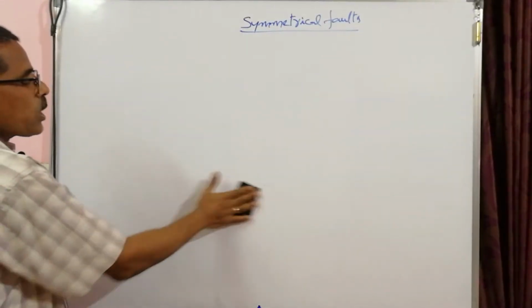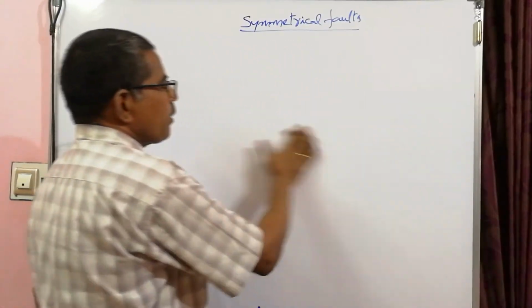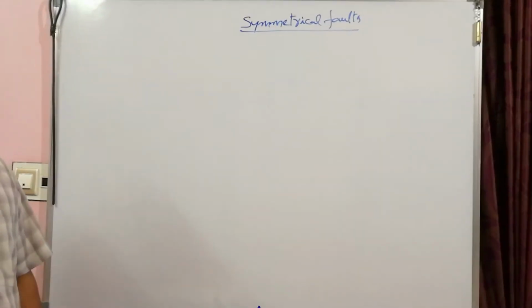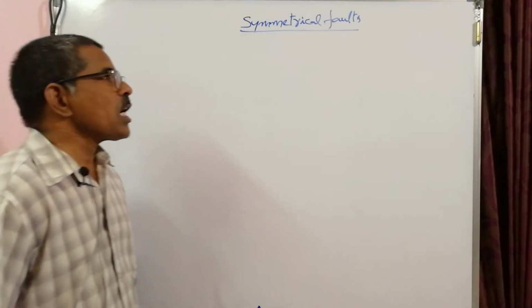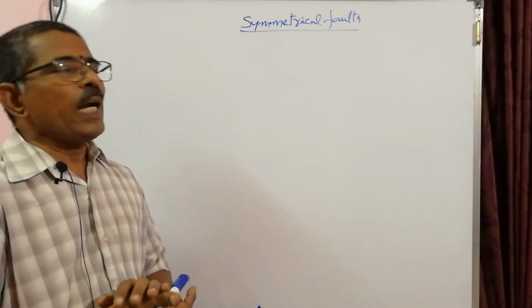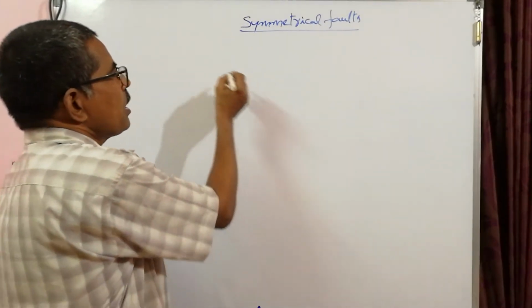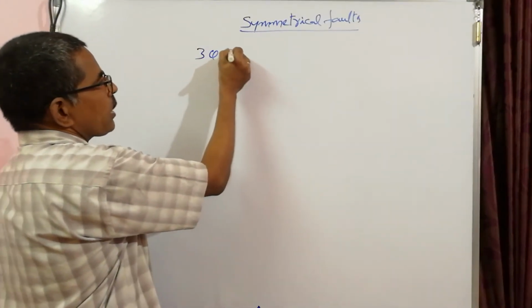Then also let me explain how the short circuit behaves on a 3-phase alternator. Consider a 3-phase alternator, or generator, working on no load, so it is in open circuited operation, with a sudden short circuit at its terminals.